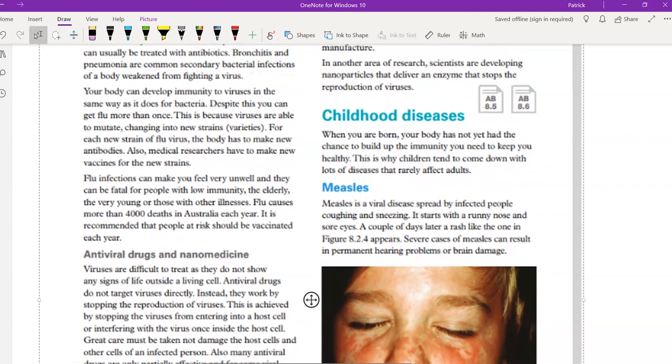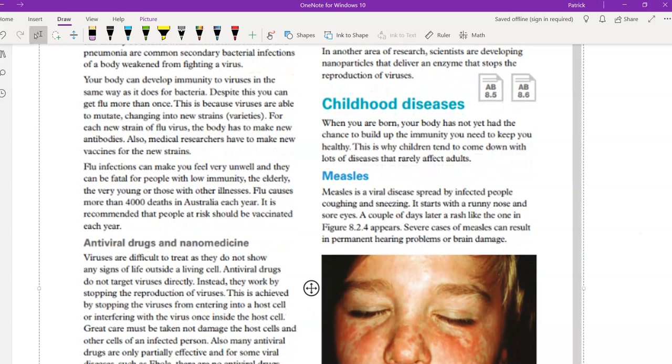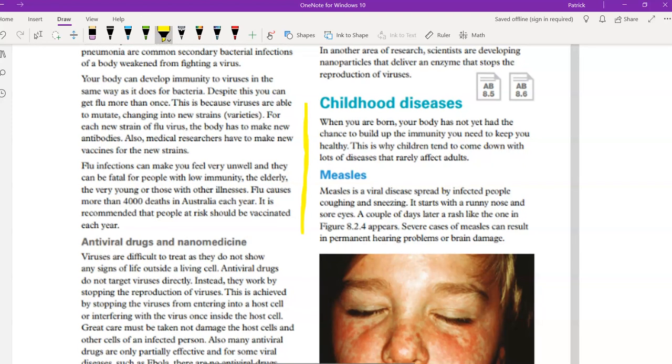We do have an immune system that helps us to battle against viruses, but there is one problem: they mutate fairly easily, and the body needs to be constantly going against them.